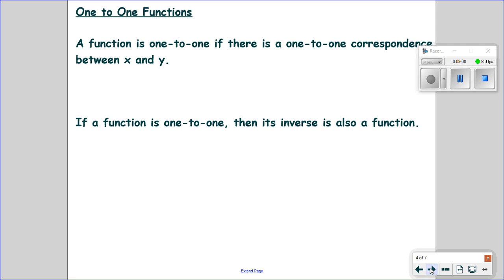All right, now, there is something called a one-to-one function. Now, in the beginning of this unit, you learned how to determine if a relation, which is just a set of ordered pairs, represents a function.